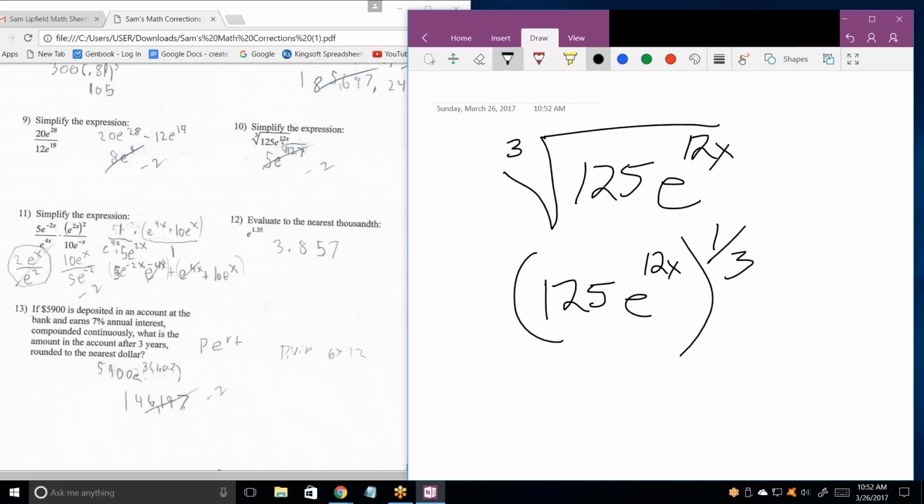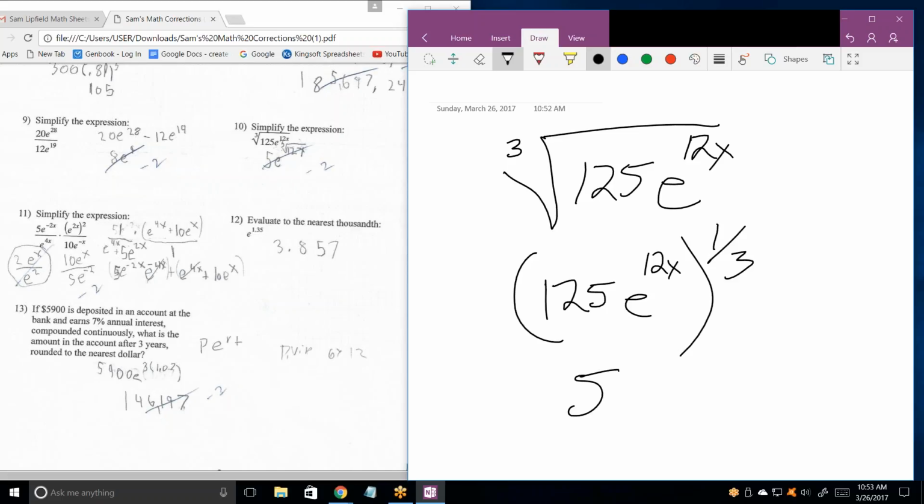Now, that applies to everything in the parentheses. So, what's the cube root of 125? You should know when they ask you questions like that, the answer is going to be a small whole number. Well, it's not 2, it's not 3, it's not 4, but it is 5.